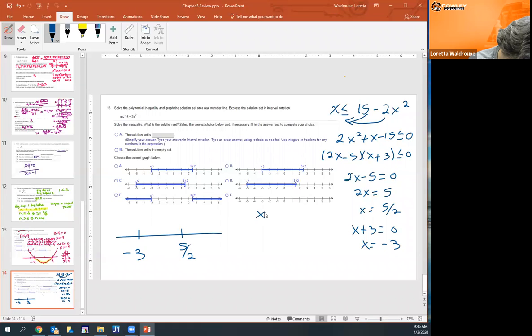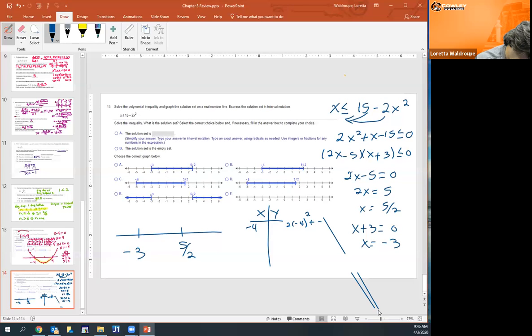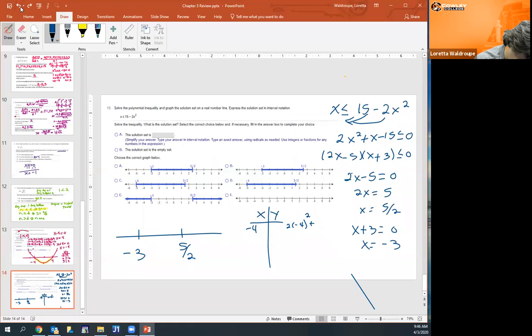So my XY table, I got to do a value in each area. So if I do -4, I'm going to plug it right back in here. So I'm doing 2 times -4 squared plus -4 and minus 15.